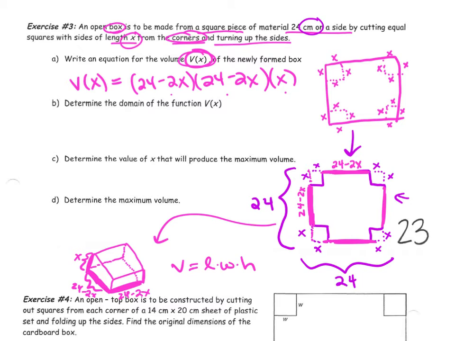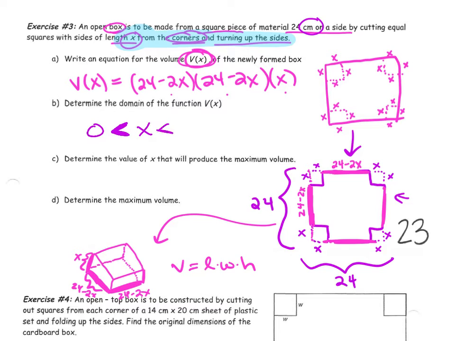We're talking about x being the length of the corners. What length could the corners have for this x value? Well, we know that the smallest value is going to be 0, but we're not going to include 0, right? Because if I have a length of 0, then there's no box.